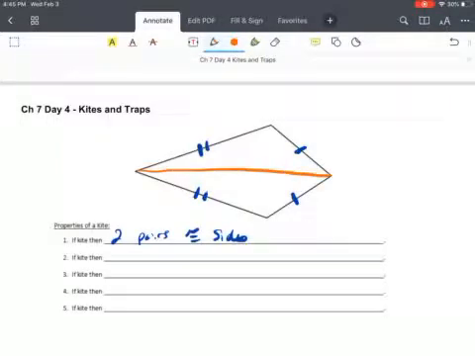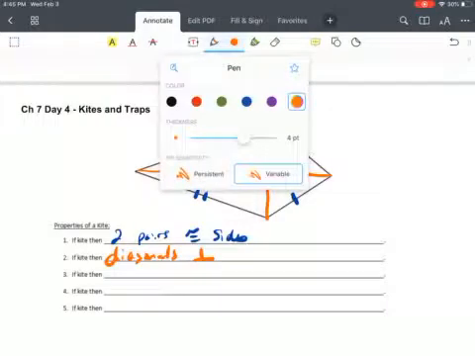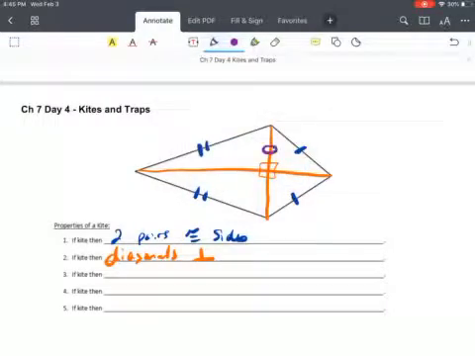Next one is dealing with the diagonals. The diagonals are perpendicular, so we have right angles there. And then the diagonal that is in between those pairs of consecutive sides, you have it bisecting.